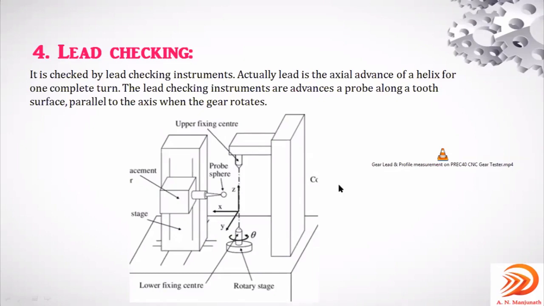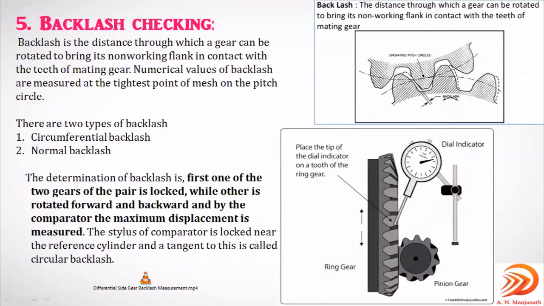The fifth element will be the backlash. I hope all of you know what backlash is in the gear blank. What do you mean by backlash? Will it be there or should it not be there for the gear? When two gears mesh, should the backlash be there or not?